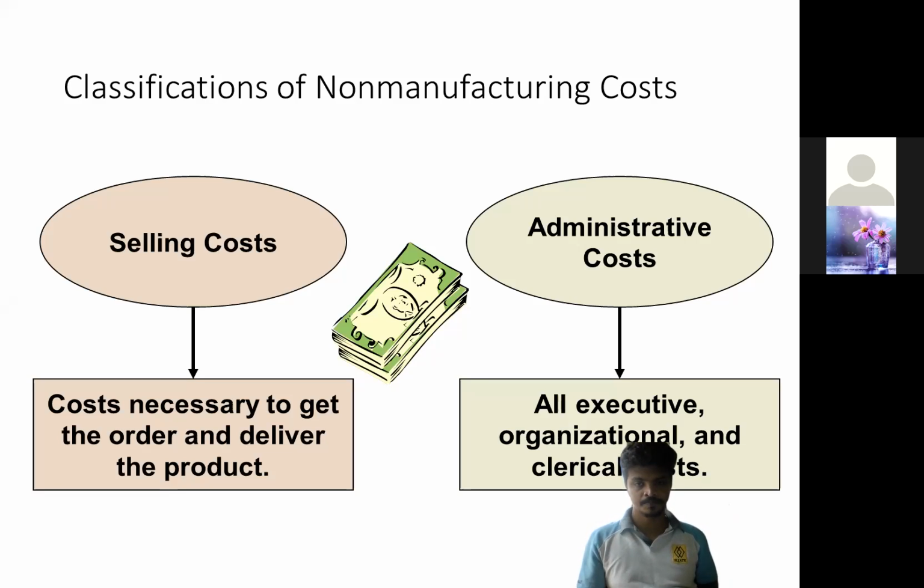You know, when we are calculating the profit, simply we need to identify all our revenues as well as all our expenses. At that time, we should not depend only on the production cost. We need to identify all the cost items.